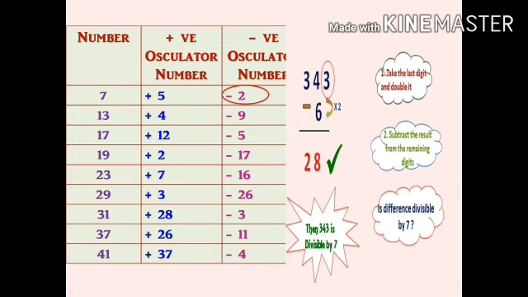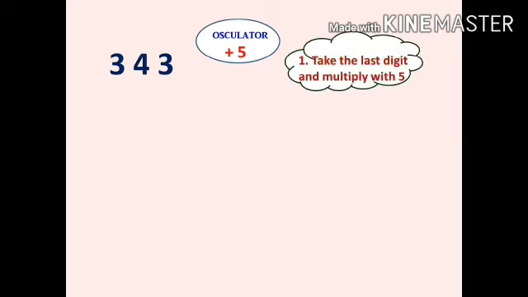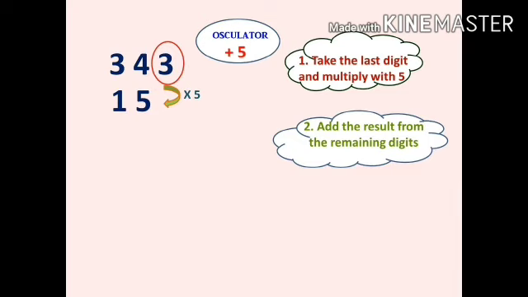Next, we are going to check whether a number is divisible by 7 using the positive oscillator number. The positive oscillator number for 7 is plus 5. So first, we take the last digit and multiply it by 5, since the oscillator number is 5. If we multiply, we get 15. Second, we add the result to the remaining digits since we have a positive sign.